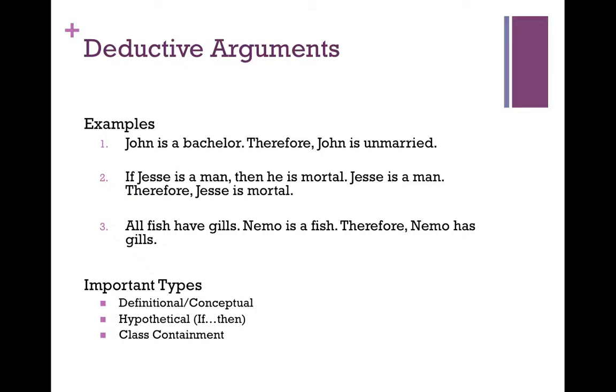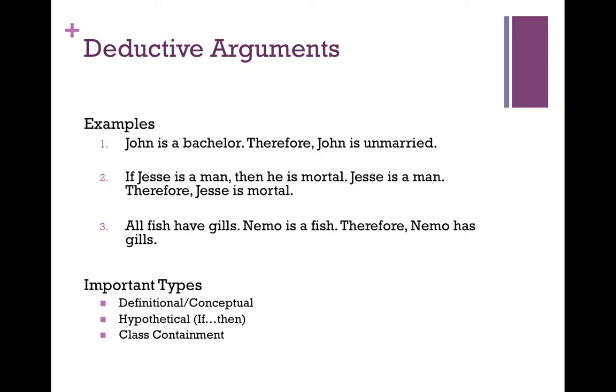The second one is a hypothetical kind of deductive argument: if A then B, A, therefore B. It's just a hypothetical if-then kind of argument. The last one is what we're actually going to study in some detail. I'm calling it right now class containment. We're actually going to call it later on, I'll just throw this out there, a categorical syllogism.